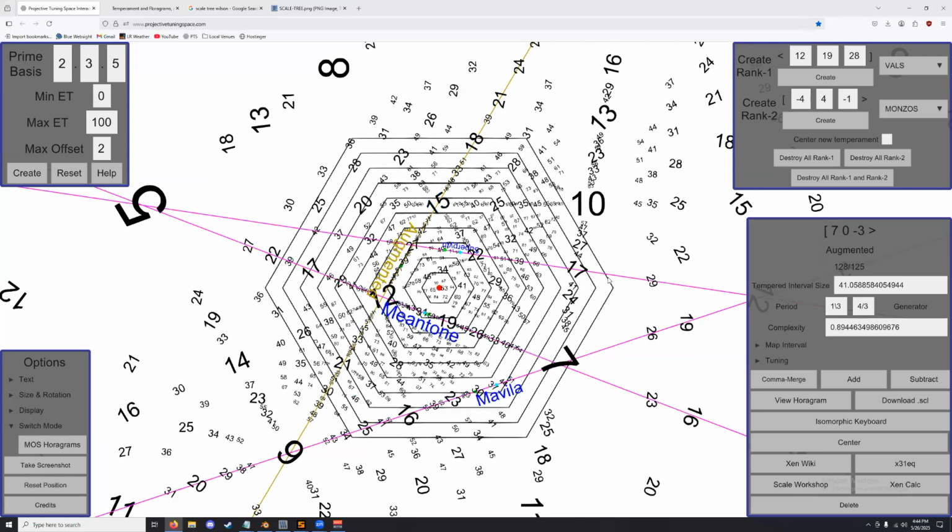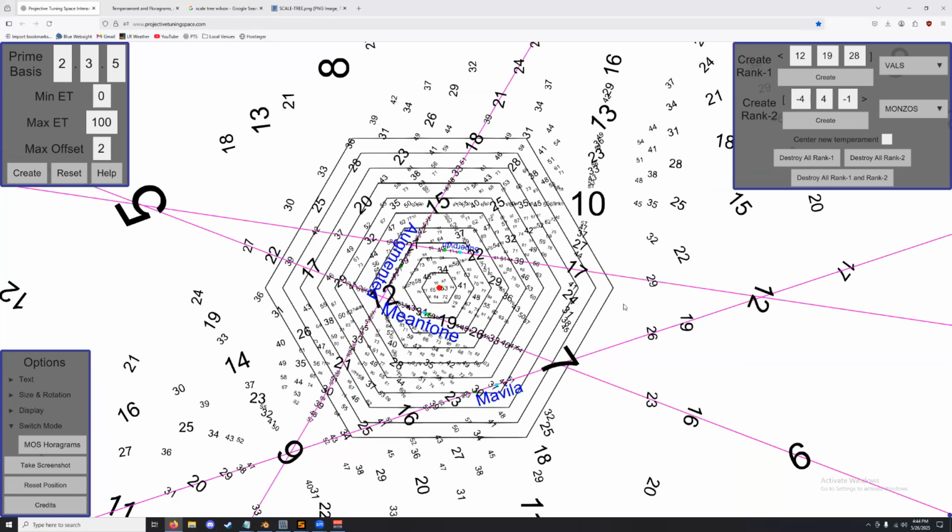I guess your revelation about flipping the numbers over makes me wonder about how, if we were using a mean tone temperament, for example, another distinction that might be good to make is that you could go along the mean tone line and mathematically anything there could be a mean tone.